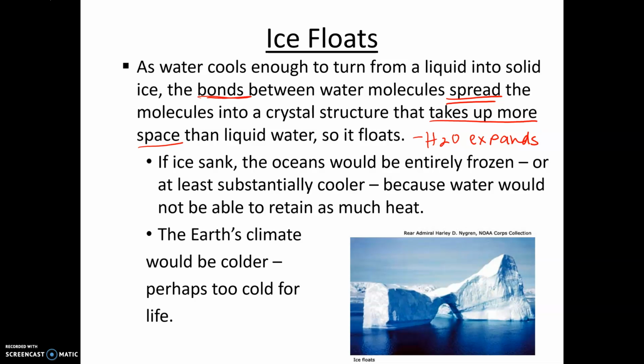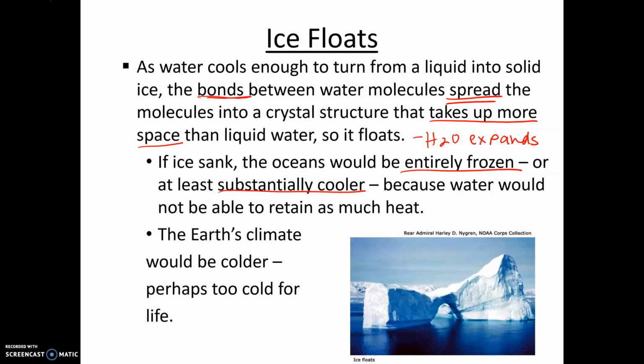It allows it to become less dense in fact. Most things, when they are frozen, become more dense because all those molecules are getting closer together, allowing more to fit in a smaller amount of area when it's a solid. Another reason this is a really important concept is because if ice sank, our oceans could either be entirely frozen or substantially cooler.